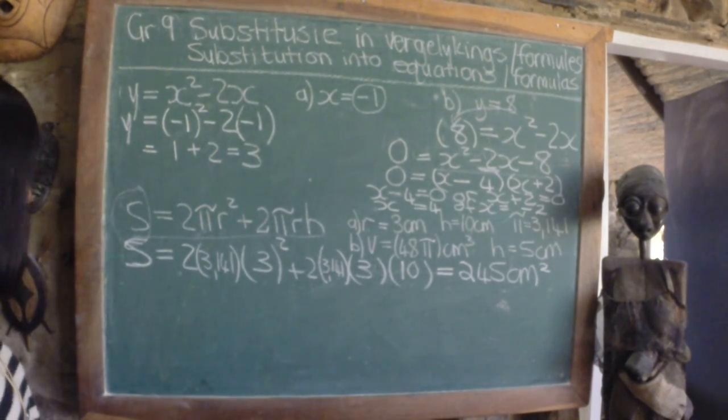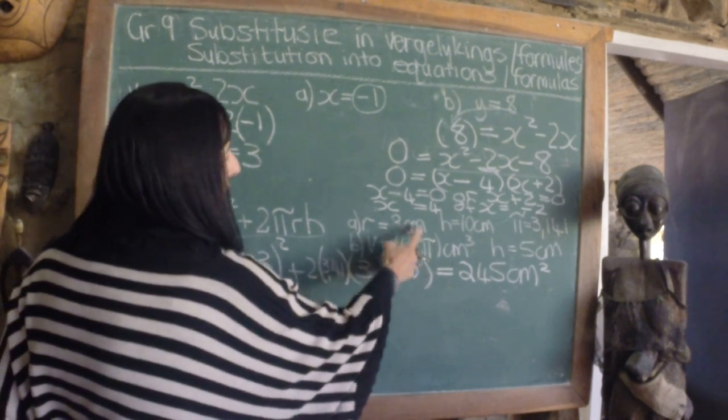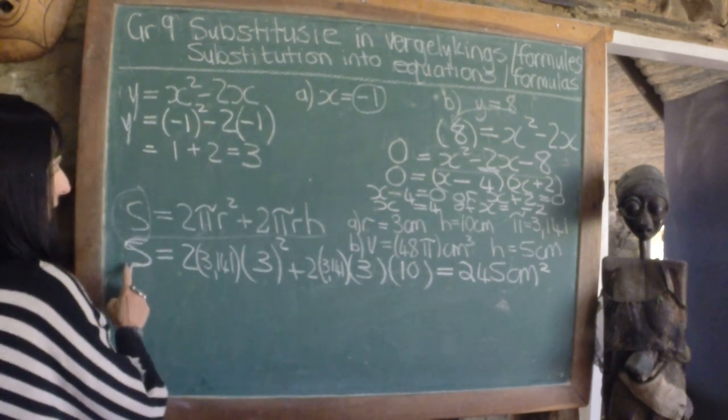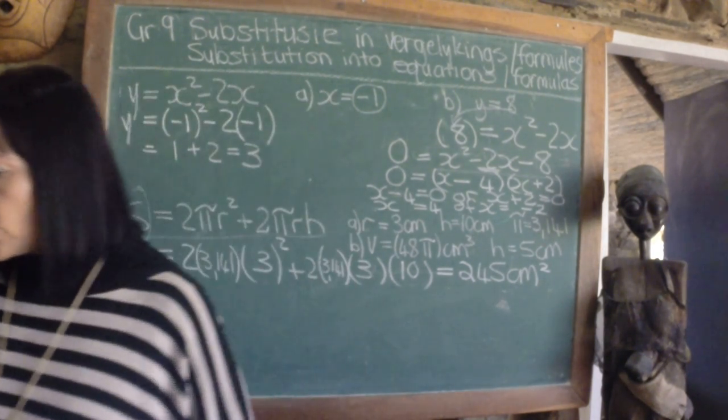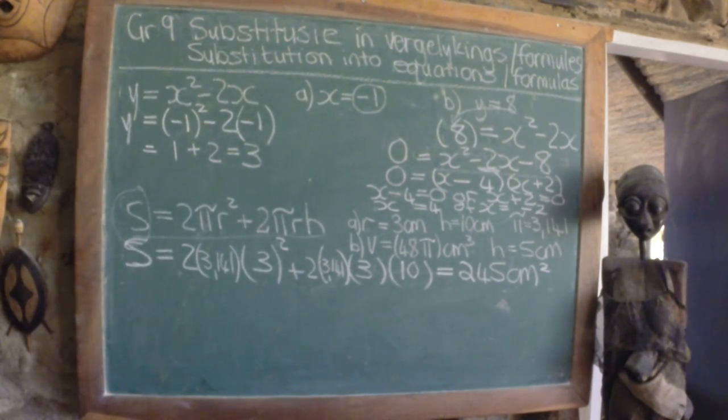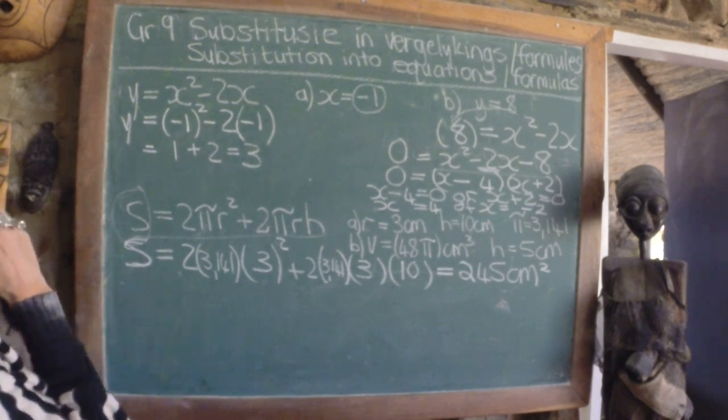Baie maklik. The last question, they give you the volume now. Let me just quickly check if that's correct because we are busy with surface area. They give you the volume of a cylinder.